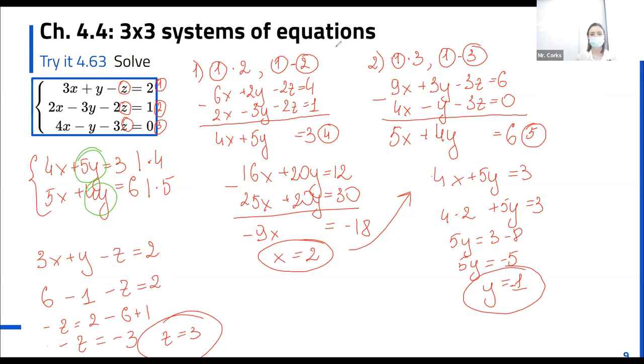Just here we need to be accurate and precise, not to lose any number and not to mix something up.